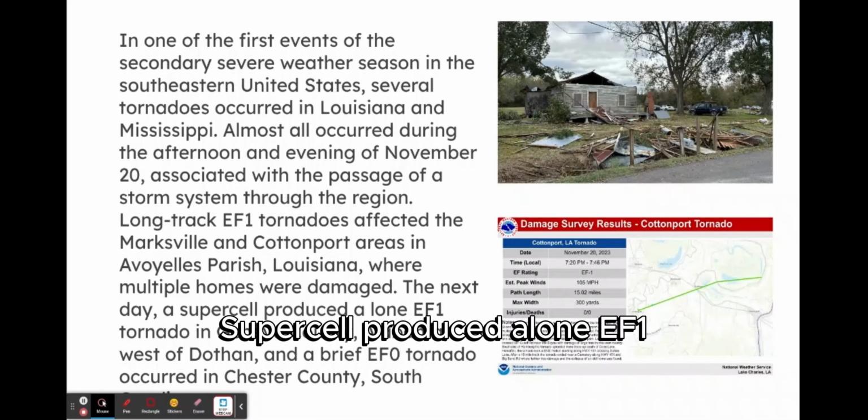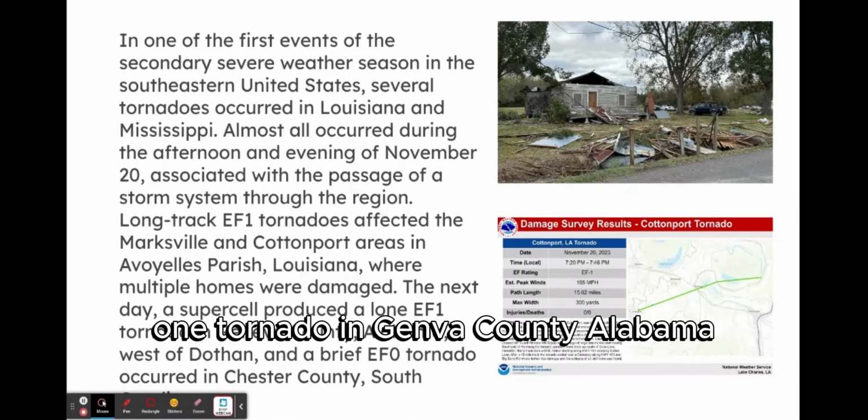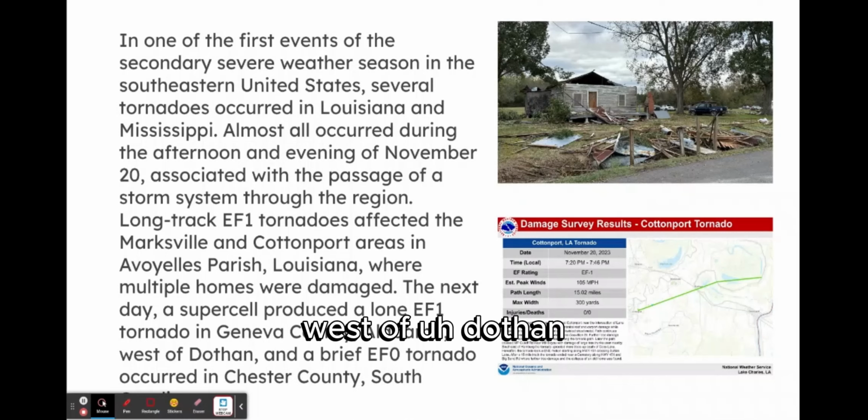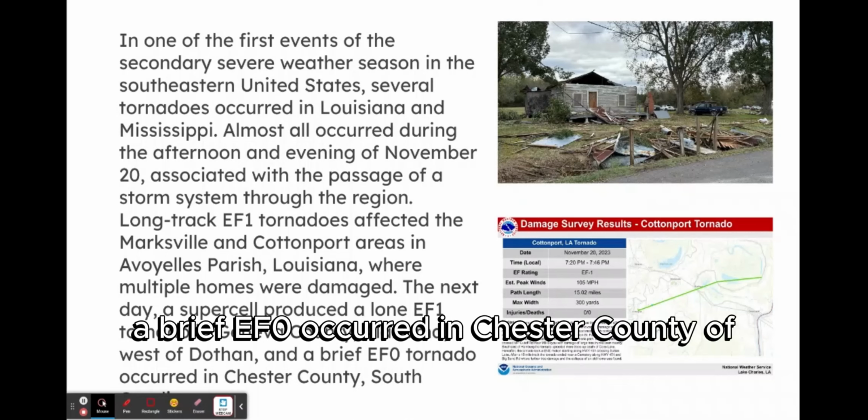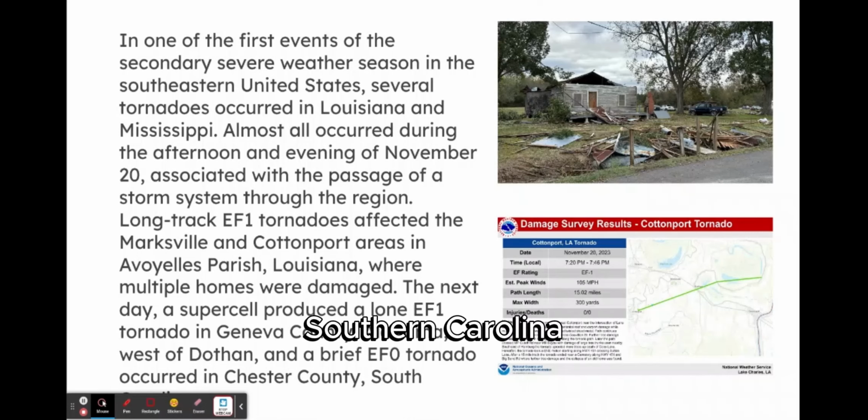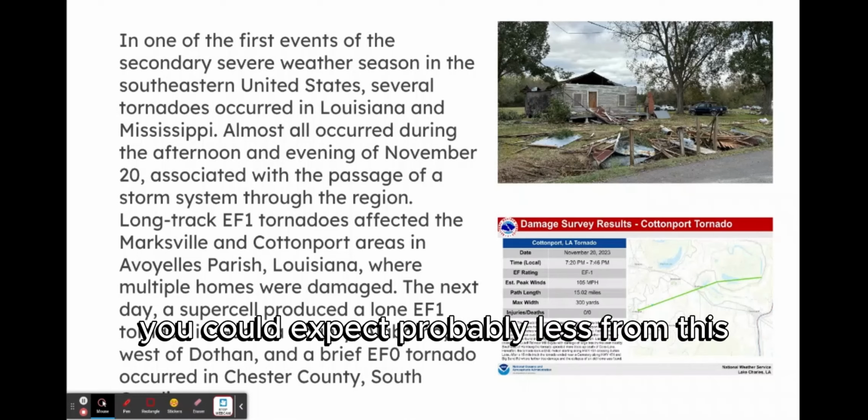The next day, a supercell produced a lone EF1 tornado in Geneva County, Alabama. Sorry if I pronounced that wrong. West of Dothan. A brief EF0 occurred in Chester County of South Carolina. Once again, you could expect probably less from this.